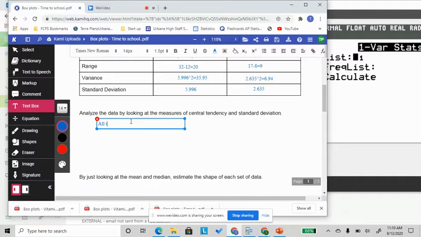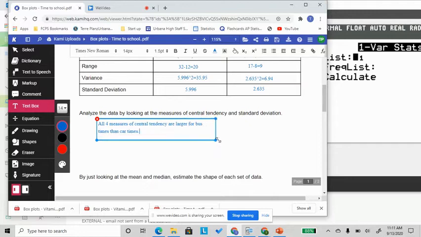So all three measures of central tendency, that's your mean, median, and mode, and mid-range. I didn't include mid-range, but we can include all four. Are larger for bus times than car times.